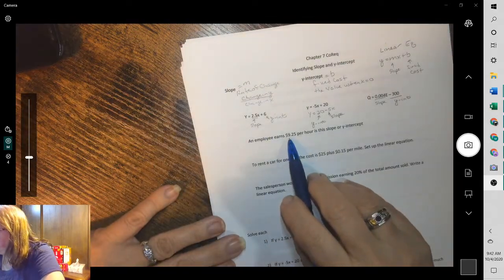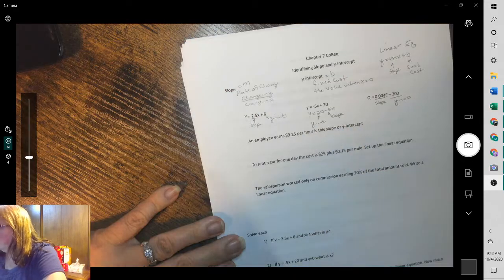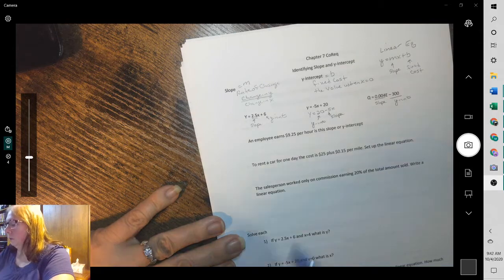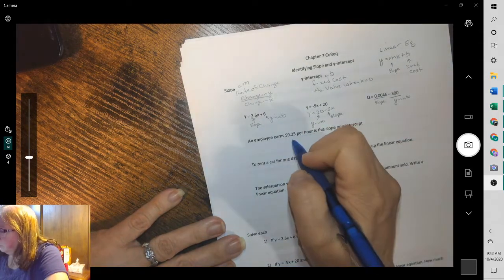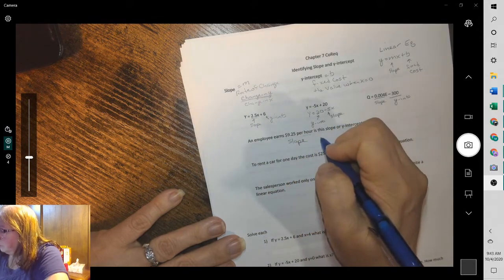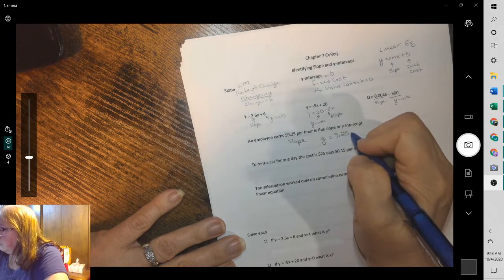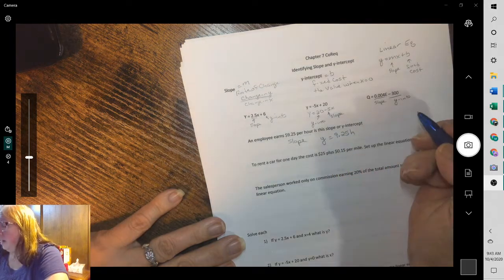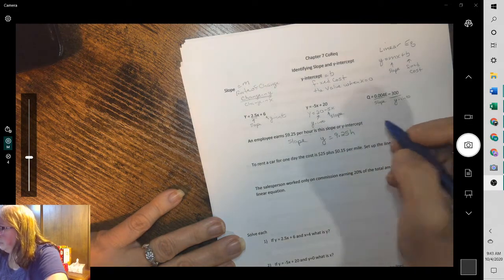An employee earns $9.25 per hour. Is this a slope or a y-intercept? Per hour is a rate of change. So this is a slope. If we wrote the equation, y equals 9.25, if you want to use h for hours, 9.25 an hour, or you can put an x there.